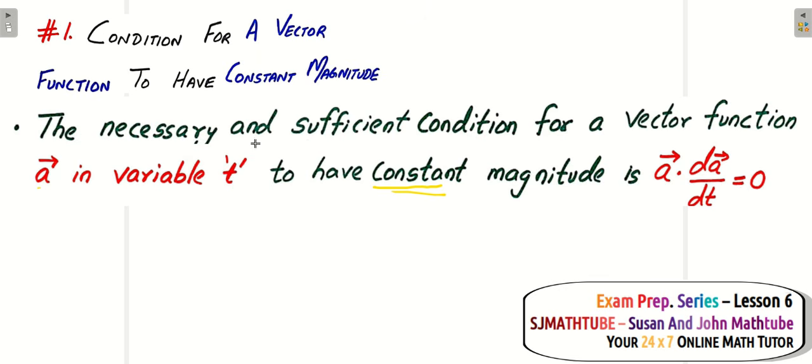Now look at the words necessary and sufficient. That means it's biconditional. If you have a vector function with constant magnitude, then you can write A dot dA by dt equal to 0. And if someone tells you A dot dA by dt equal to 0, then this implies A is a vector function with constant magnitude.